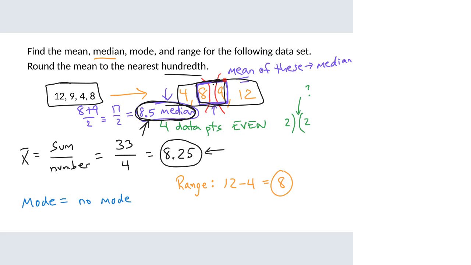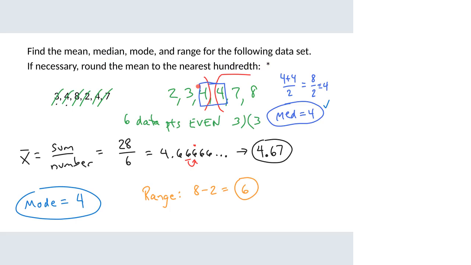The reason I say that is we don't want to round it to either 8 or 9 to make it one of the data points. That's not what we want to do. We want to go ahead and leave it as 8.5, halfway between the two numbers that are closest to the middle. That issue didn't really come up here because they were both 4s, but if you get a decimal for the median, that's okay. It's halfway between the two that are closest to the middle.